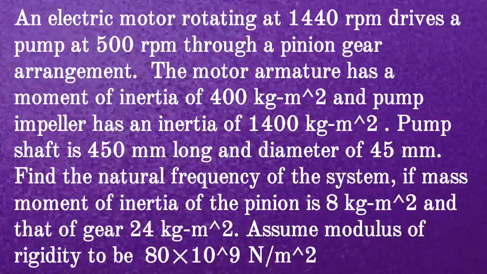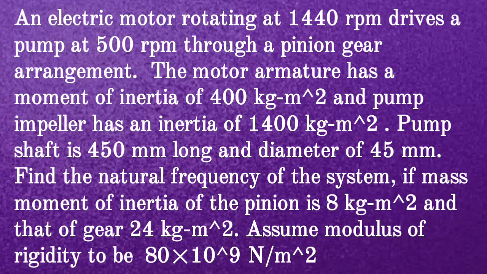Given question: an electric motor rotating at 1440 rpm drives a pump at 500 rpm through a pinion gear arrangement. The motor armature has a moment of inertia 400 kg/m² and the pump impeller has an inertia 1400 kg/m².